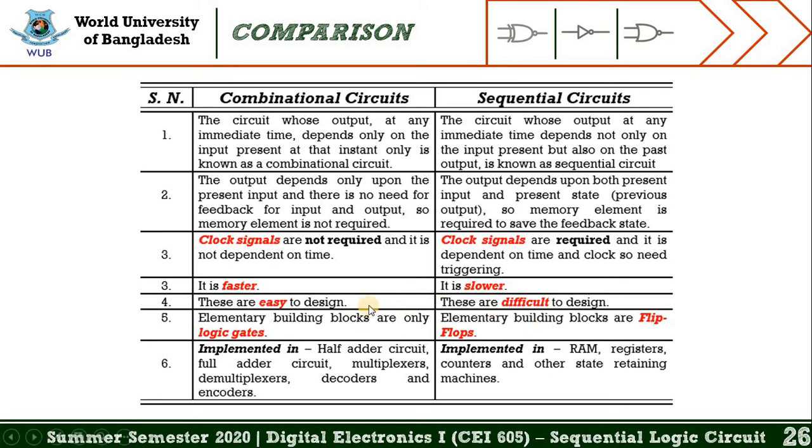Well, next, combinational circuits are easy to design, but sequential circuits are difficult to design. Well, elementary building blocks are only logic gates for combinational circuits, but elementary building blocks are flip-flops for sequential circuits. Next, combinational circuits are implemented in half-adder circuit, full-adder circuit, multiplexer, demultiplexer, decoder, and encoder. On the other hand, sequential circuits can be found in RAM, registers, counters, and other state machines.